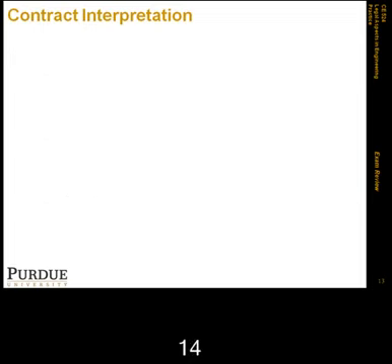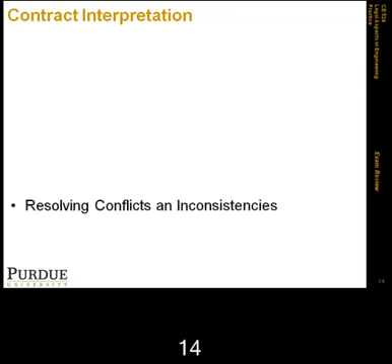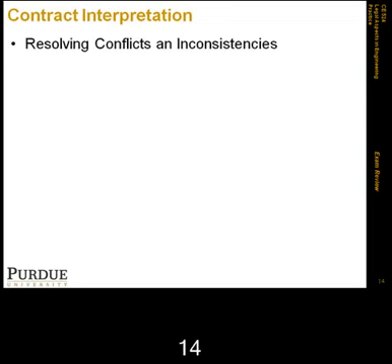Along with the language interpretation of the contract, we also have issues of resolving conflicts and inconsistencies within the contract document itself. So how do we resolve inconsistencies within a written agreement? In general, courts look at the interpretation of a contract as a whole.